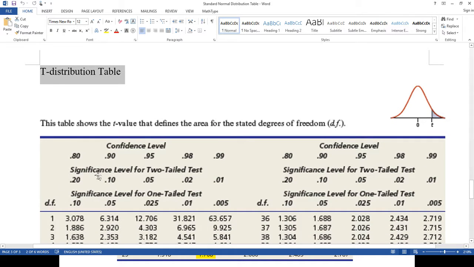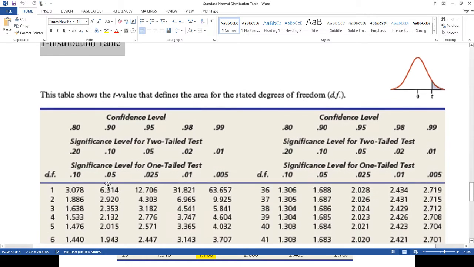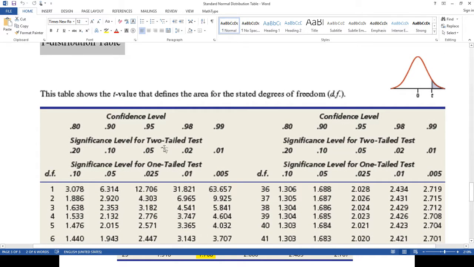Our level of significance is 10%, and we are doing the two-tailed test. If you do the one-tailed test, then you have to use these numbers. But here we use the two-tailed test.